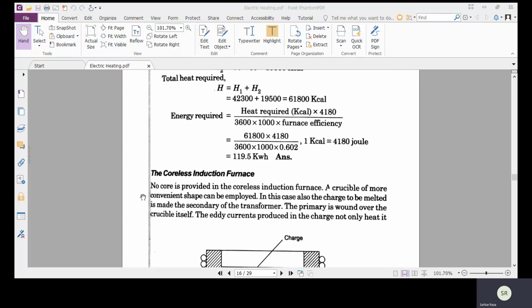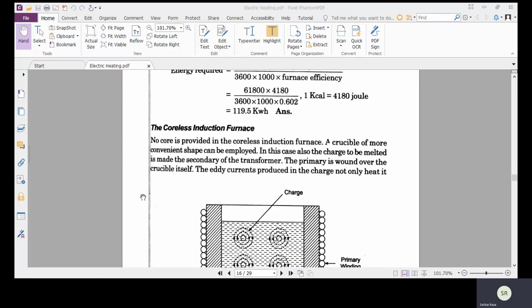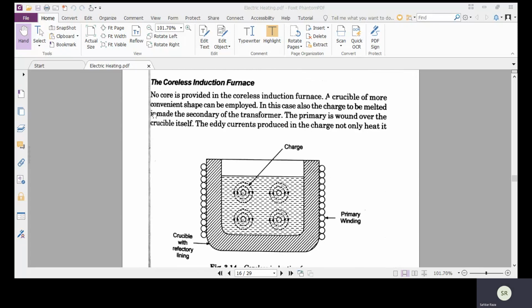Now we will move towards the coreless induction furnace. No core is provided in the coreless induction furnace, as the name indicates that there is no core in this type of furnace.